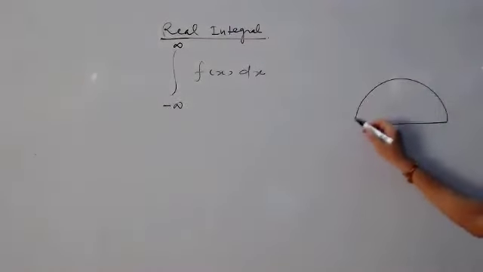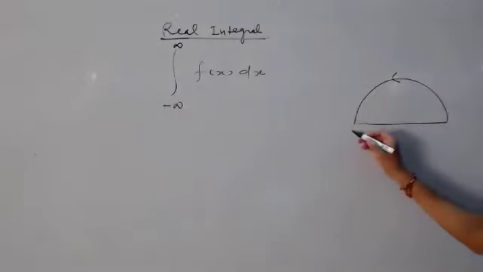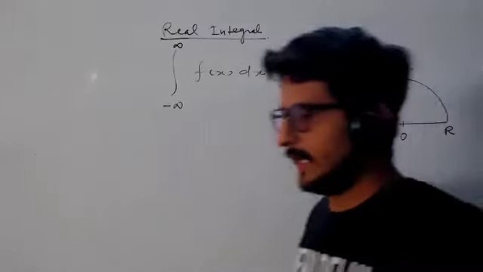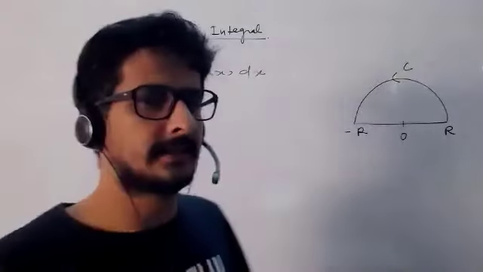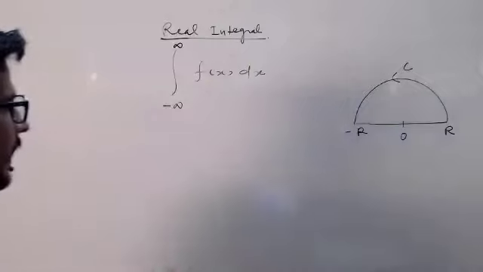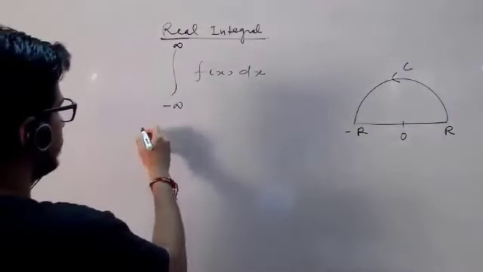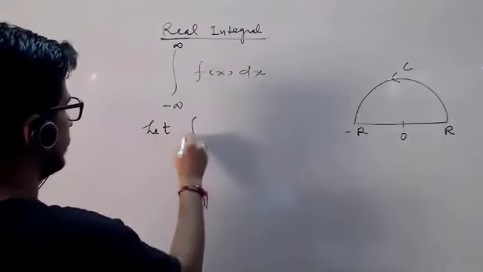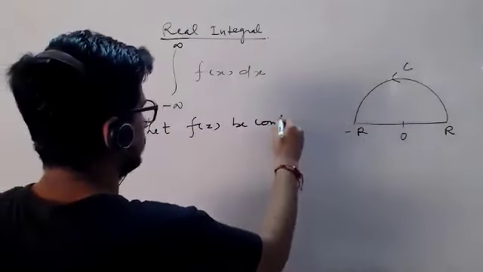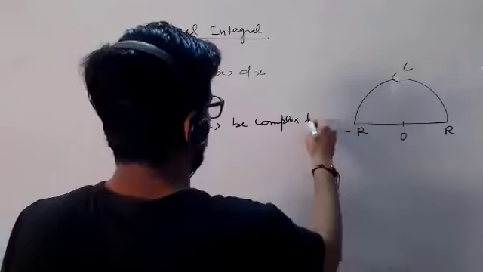Suppose we make a semi contour like this, which has radius R, and this is the semi contour. Okay, and seeing this, I will write a function f(z). So f(z) is a complex function.